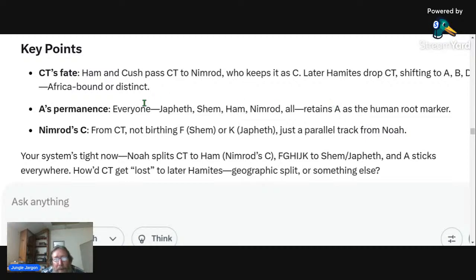But the more original marker would be K, or the IJK is the most original marker, because you have to root the tree in the oldest son of Noah, not the youngest. And Ham is the youngest son of Noah, so that means that it can't be rooted in Ham.